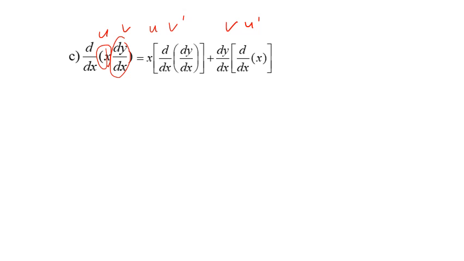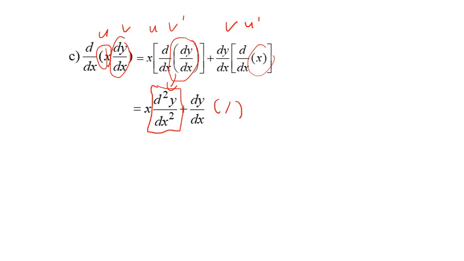And then v u prime: differentiate u, we know x gives 1. As you can see here, when we differentiate dy dx, it becomes the second derivative, that is d2y. And here we know it is 1, so 1 doesn't make an impact. So the answer is just like that.